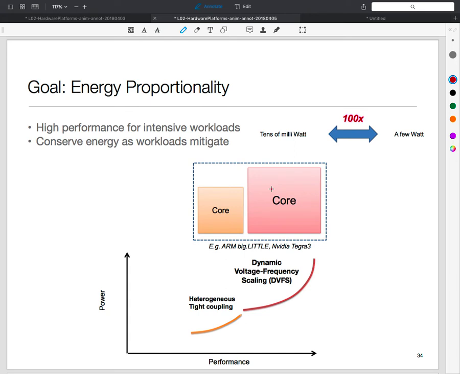For example, you can find a whole bunch of different ARM processors with this characteristic: a big processor optimized for high performance, and then simpler versions of that optimized for lower performance.